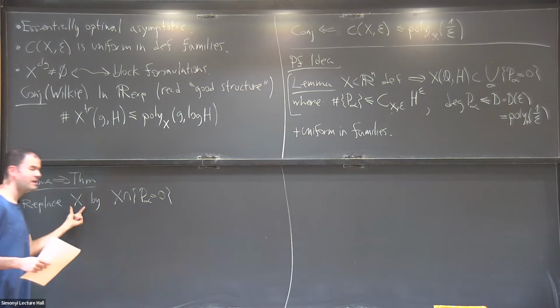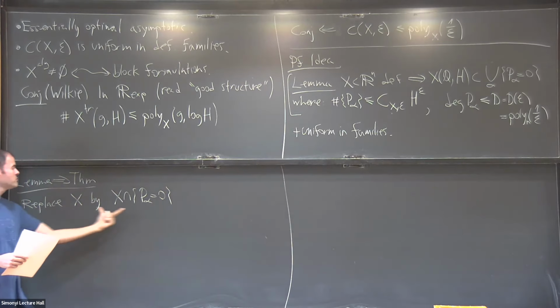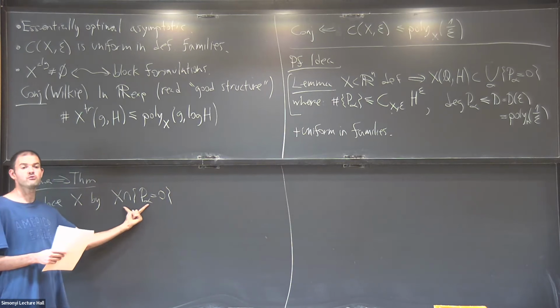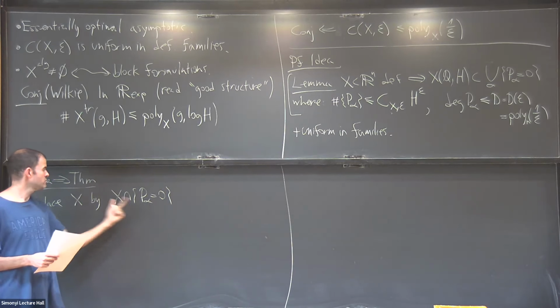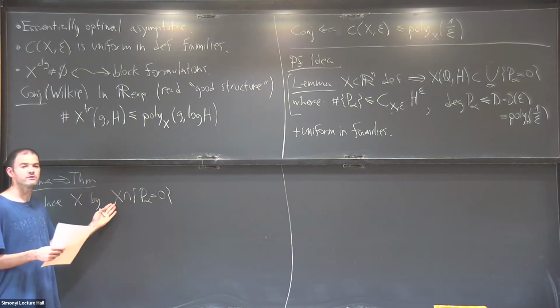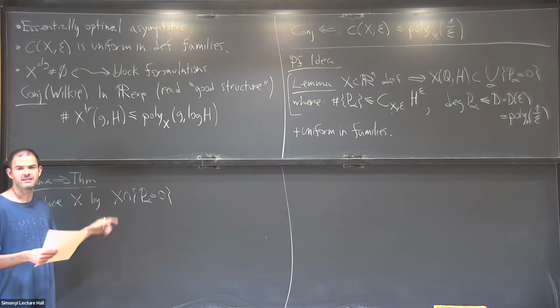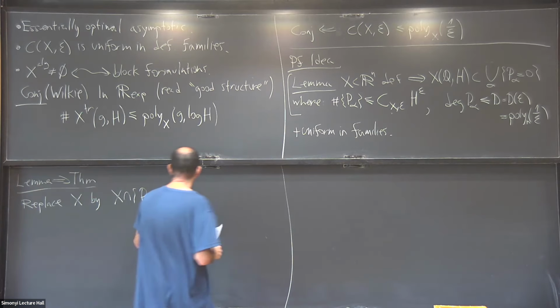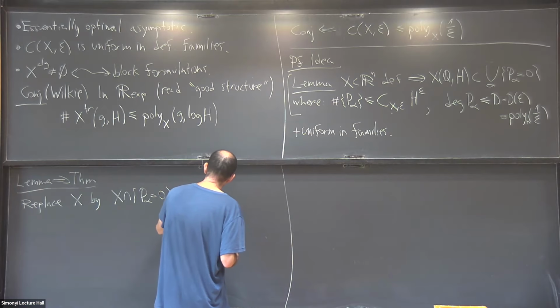I'm interested in the rational points here, and I said they're all going to be in one of these. And I don't have too many of these: I have H to the epsilon of them. So I might as well replace X by these, and now I should just prove the theorem for each of them. That's the idea. And now I'll induct over dimension.